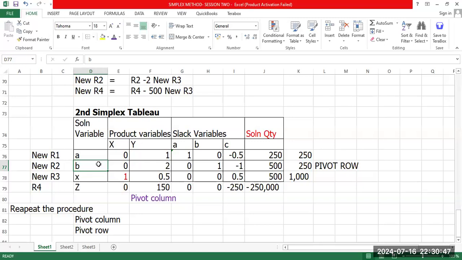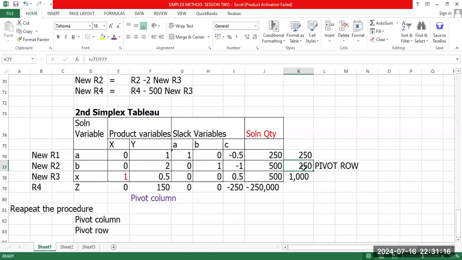That's where you choose, because you want to utilize the resources available. That's why you always need to choose that. In a situation, let's say here is Y and here is B, and you have 250, 250, 250, and you're wondering which row can be your pivot row.